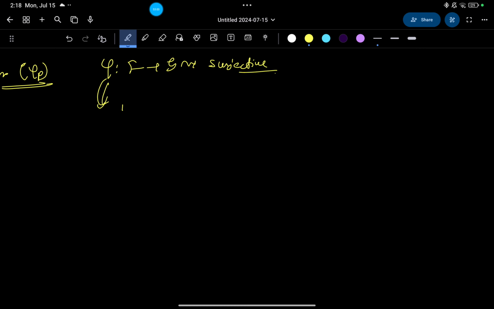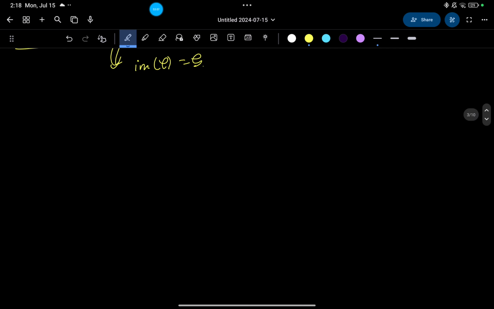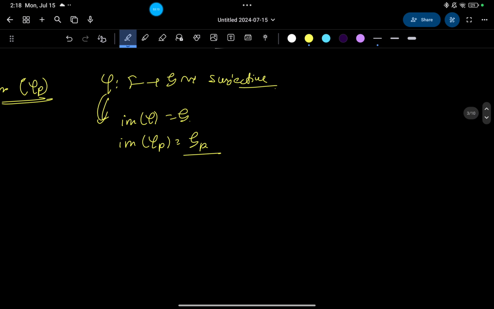Surjective means, the definition says, that the image of phi has to be g. So the image of phi means what? It is the image of phi p. This has to be gp, right? So it is true if and only if this is true. So that means what? Phi is surjective if and only if phi p from fp to gp is surjective.